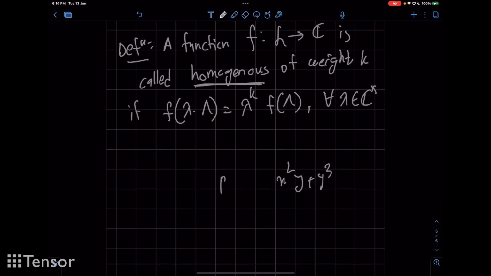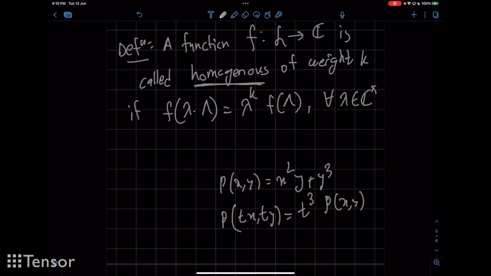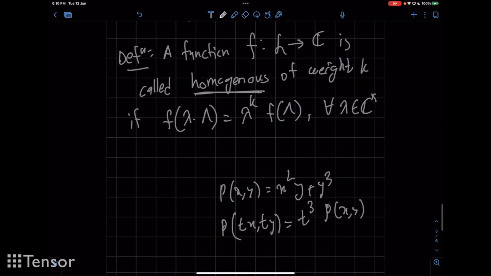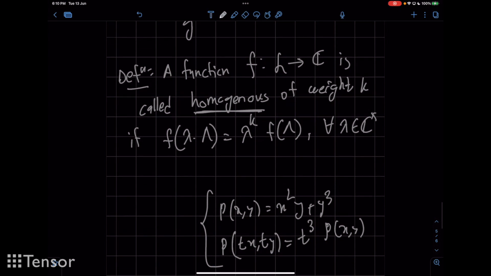If this is p of x comma y, then p of tx comma ty is equal to t to the power 3, where 3 is the degree, times p of x comma y. Keeping this motivating example in mind, we define a homogeneous function of weight k like this.